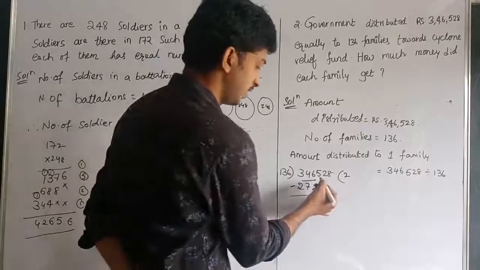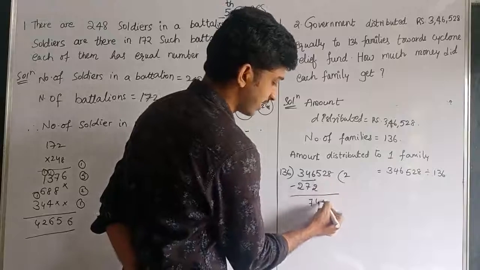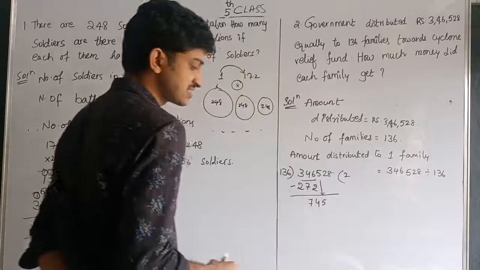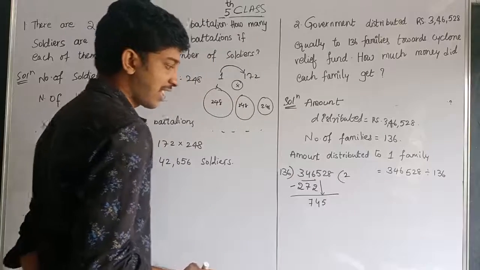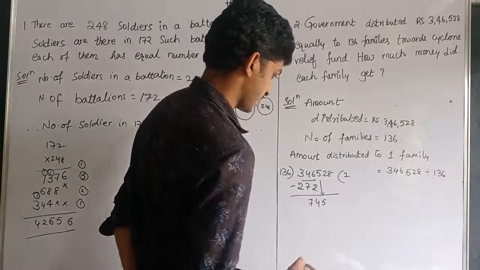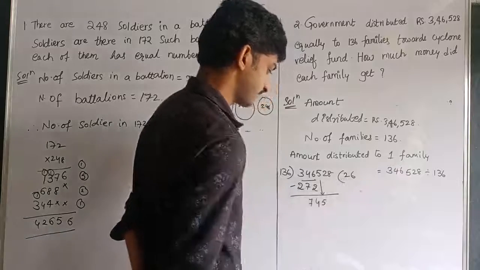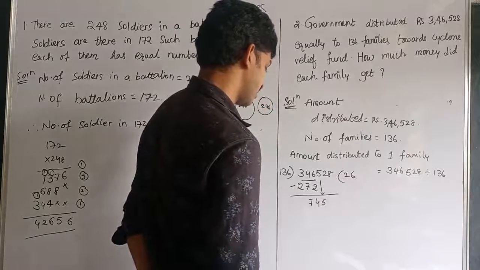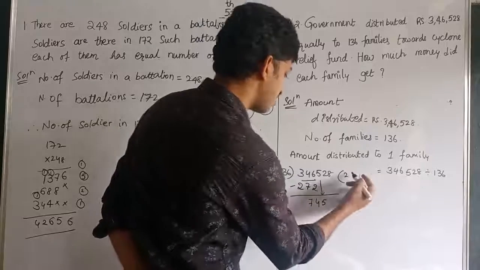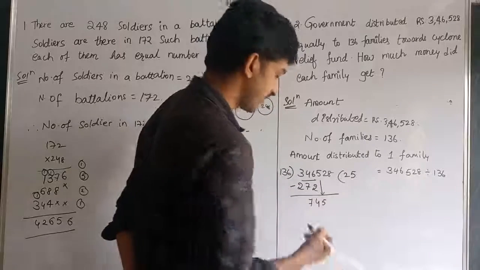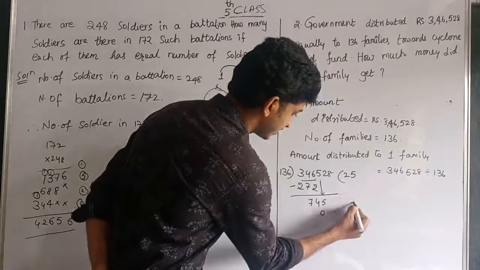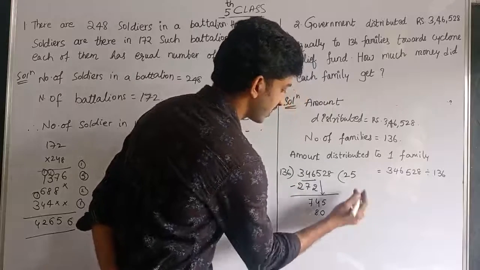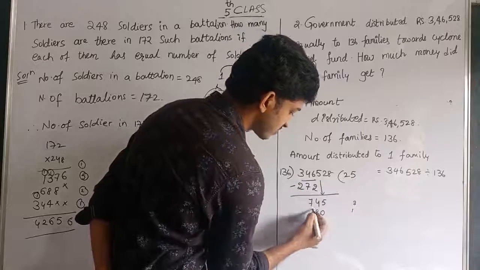Then I am bringing this 5 down here, it becomes 745. Okay, in 745 I take 6 times. If you take it 6 times, it becomes a greater value. That's why I am taking 5 times. 5 6s are 30, 3 carry. 5 3s are 15, 15 plus 3, 18, 1 carry, 5 1s are 5, 5 plus 1, 6.